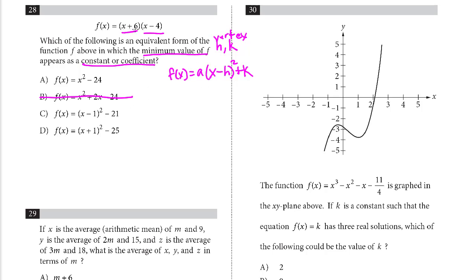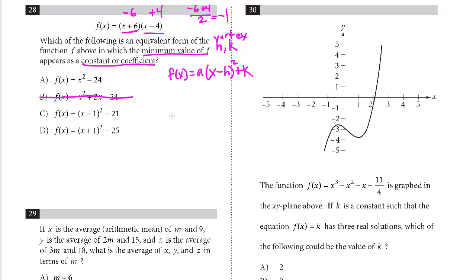Well, if I have factored form, I know the axis of symmetry. My roots are minus 6 and plus 4, corresponding to the two factors. The h value is the average of the roots. It's (−6 + 4) divided by 2, which is −2 over 2, or negative 1.